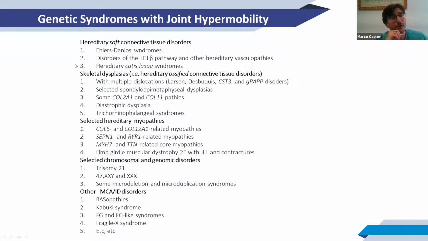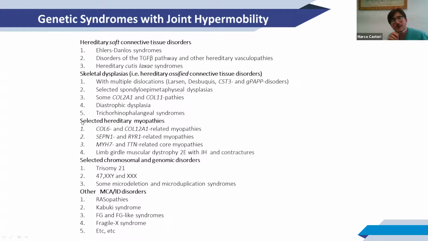There is also an increasing number of skeletal dysplasias featuring joint hypermobility in its generalized form. The most common ones are those associated with mutations in collagen 2 and collagen 11, such as Stickler syndrome. It's quite common also in trichorhinophalangeal syndromes.